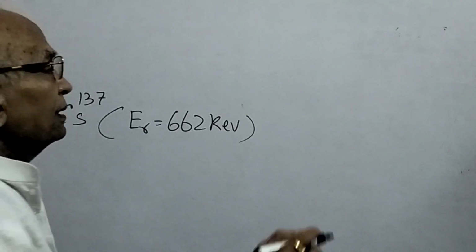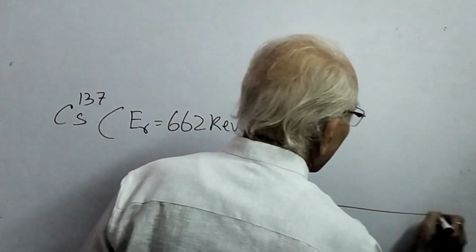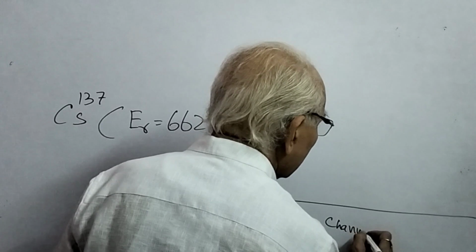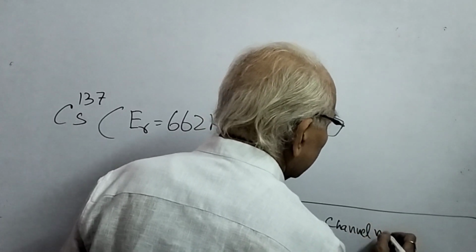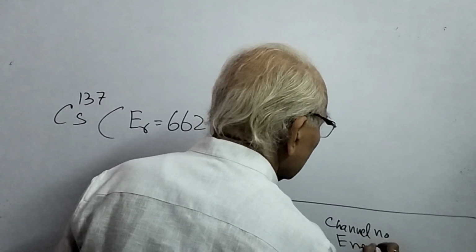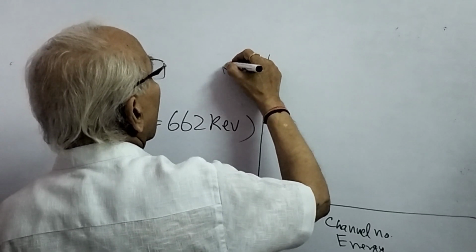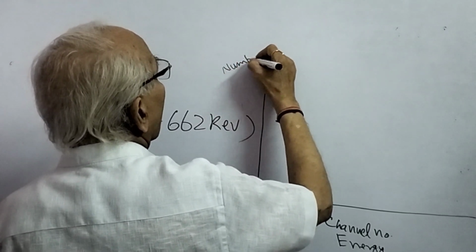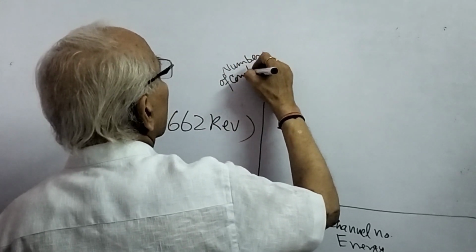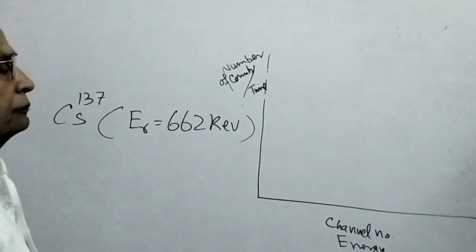I count the pulses. What do I get? I get a curve. This side is the channel number, which is converted to energy also. And this side is the number of counts upon time, meaning counts per unit time.